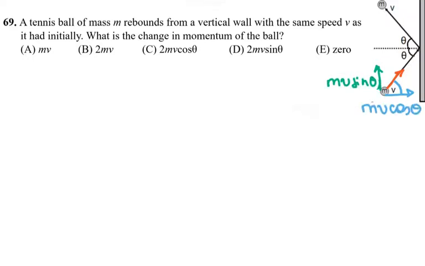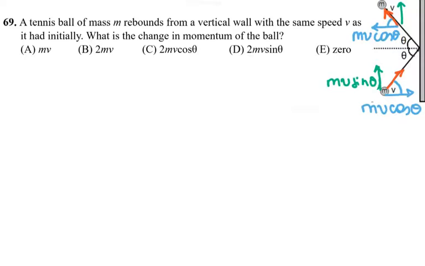And the same happens after. The momentum of the ball afterwards is this way, the same mv, but it also has a horizontal component, mv cosine theta, and a vertical component, mv sine theta, because this is our angle, correct? So the green one is mv sine theta.